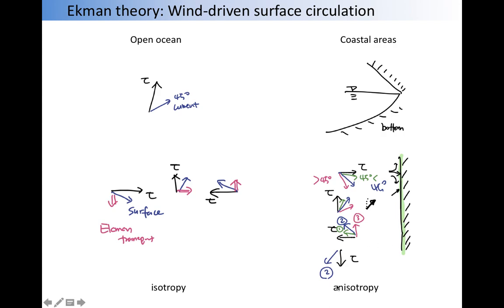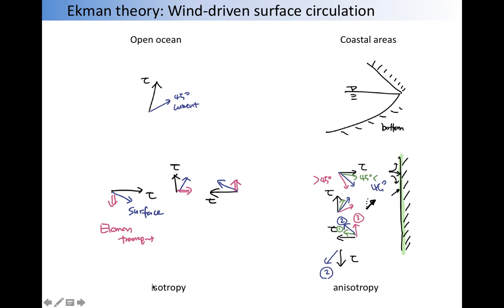Before that, I'd like to say we call this anisotropy, where the surface current circulation depends on the surface wind direction. So whether onshore or parallel to the shore, it generates a different response. Your wind-driven surface current is a function of the direction of the wind. That means anisotropy. There is a directional preference.